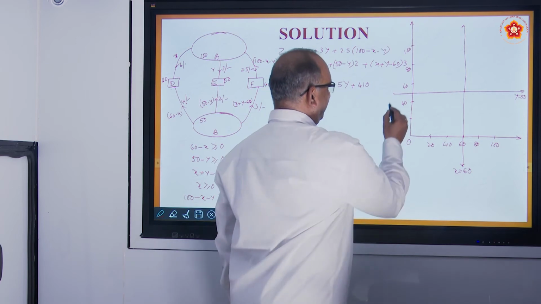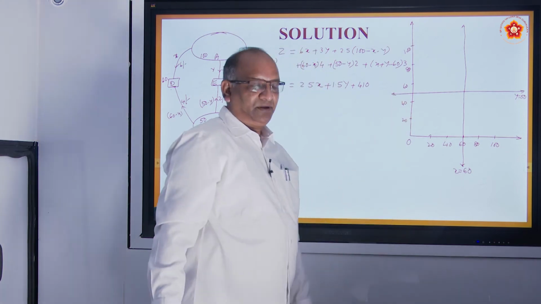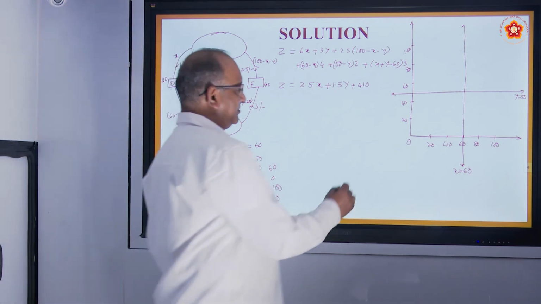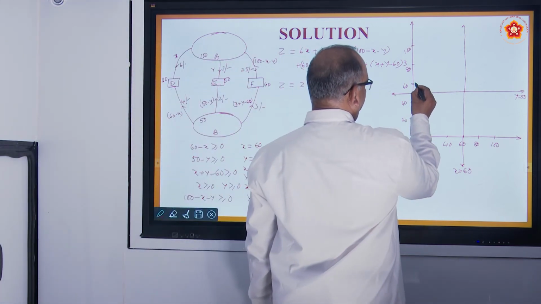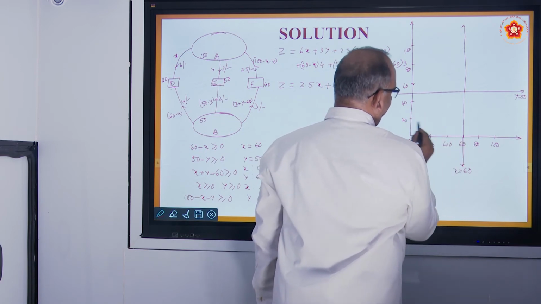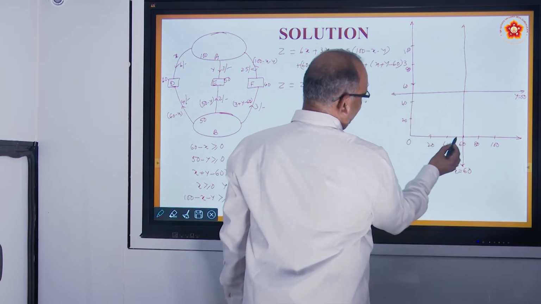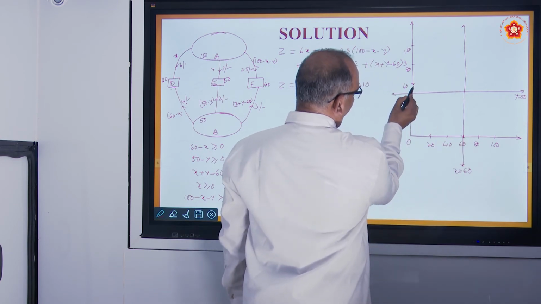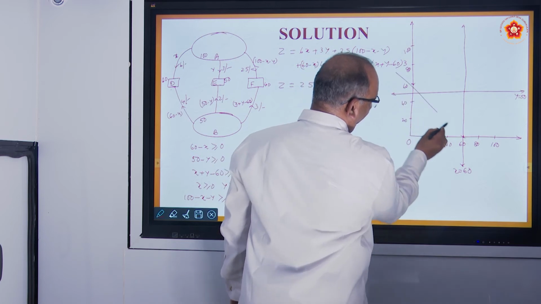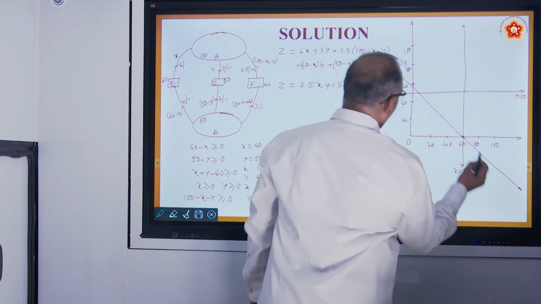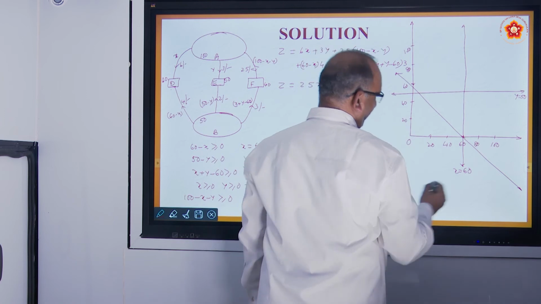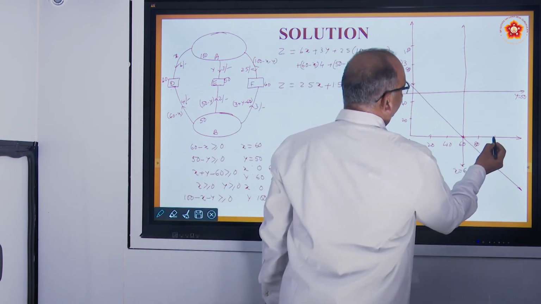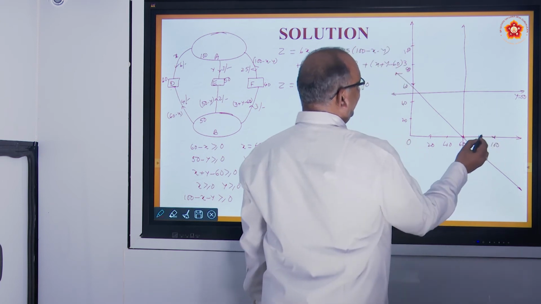Two lines are already drawn. Next, what is the next line? The third one, x is 0, y is 60. X is 60, y is 0. So, through these 2 points, we draw a line. Finally, x plus y equal to 100. X is 0, y is 100.